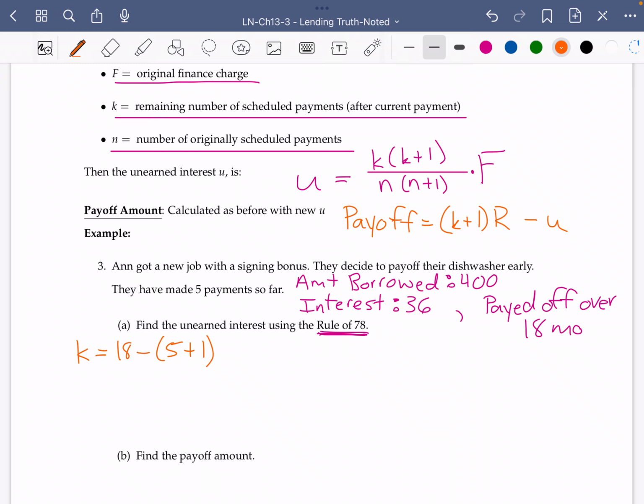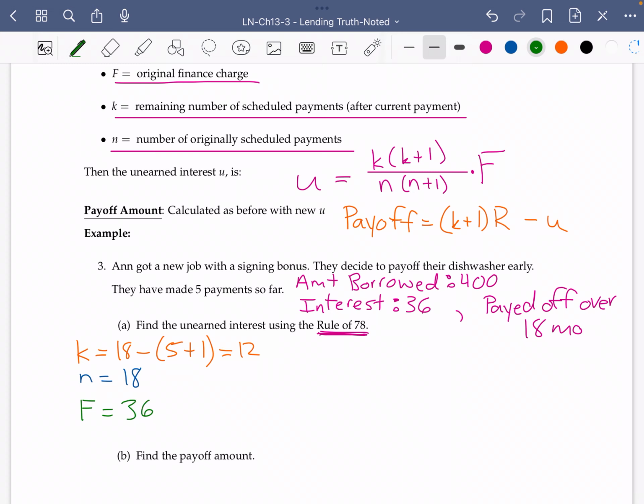And so after this one, they have 12 payments left. The value for N, the total number of payments that they're going to make, is 18 if they don't pay it off early. And the finance charge, the total amount of interest that they are paying and other fees, is 36.